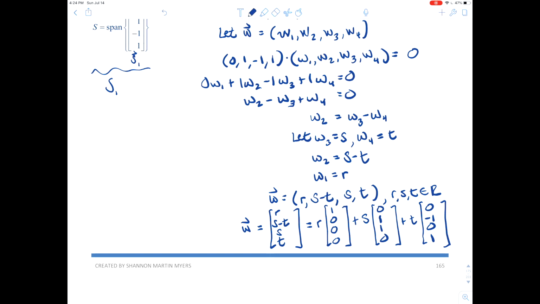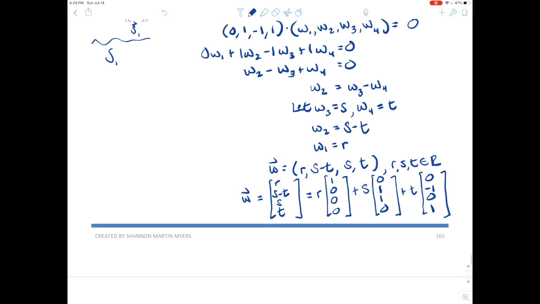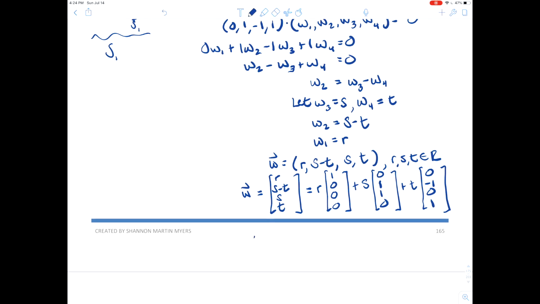So you could write here that the orthogonal complement of S would be equal to the span of these vectors that we found, right? So the span of 1, 0, 0, 0, 0, 1, 1, 0, 0, negative 1, 0, 1.